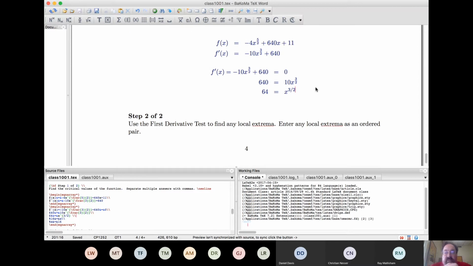So the way you would solve for this is you want to cancel out this fractional exponent to isolate x on the right side.